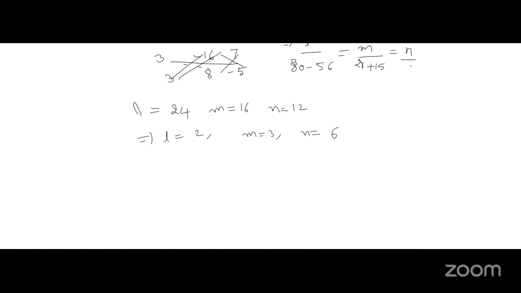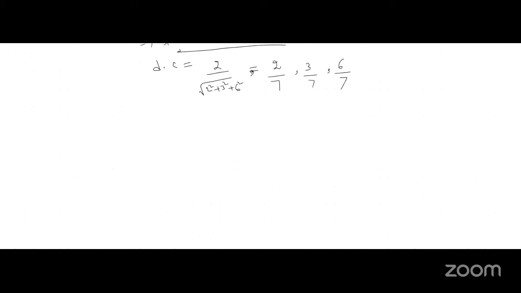Now, these are the direction ratios. Now, direction cosines: 2 by under root of 2 square plus 3 square plus 6 square. Okay. So 2 by 7, similarly 3 by 7 and 6 by 7.